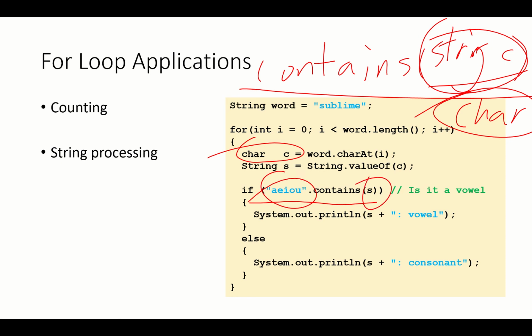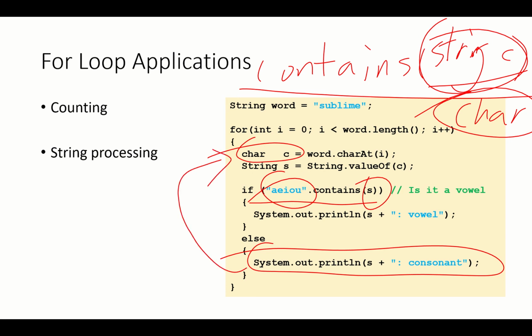is contained in this. No, so it's a consonant, then we update the i, and here we'll return U, right? When we return U, we want to convert this U to a string. Then we check whether this U is included in the vowels.